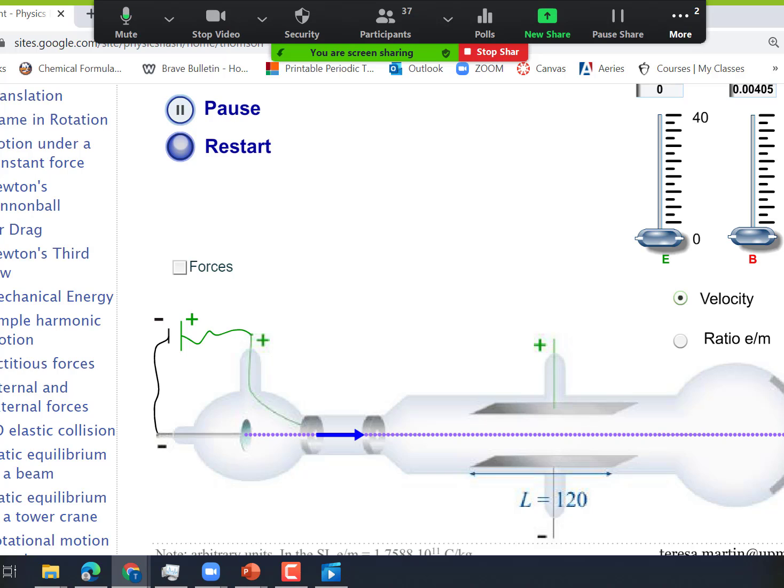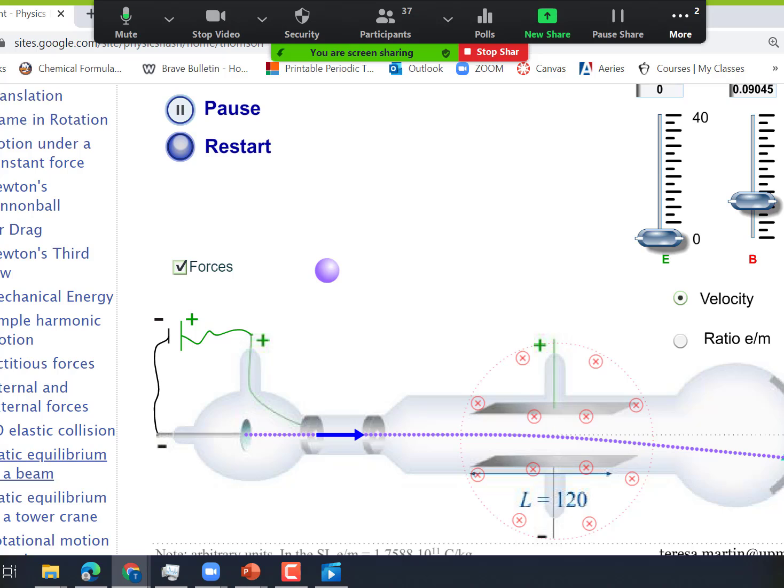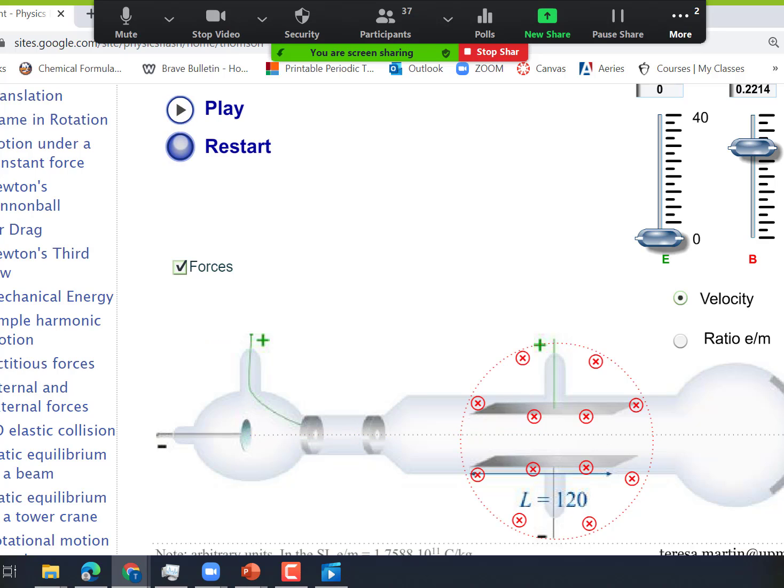Now B is how you measure magnetic fields. So if you put a magnet on the outside of this, turning up the magnet bends it the other way. And the more magnet, the more it bends.